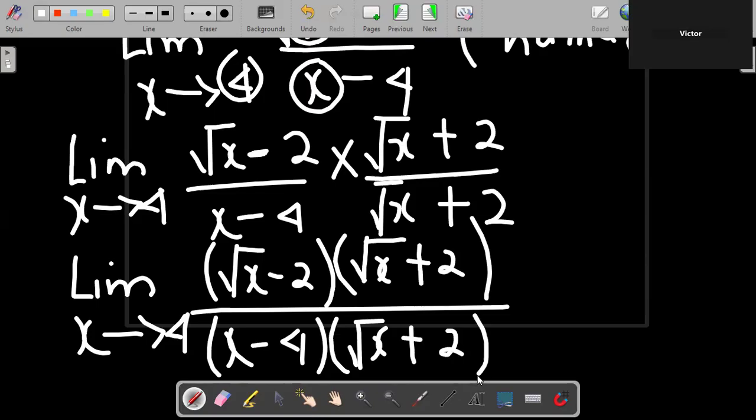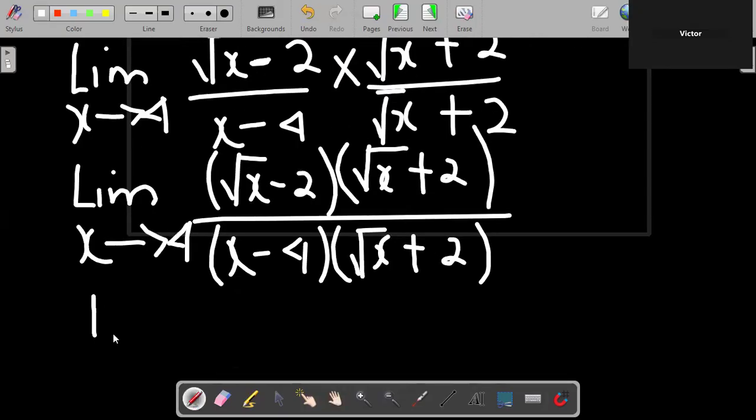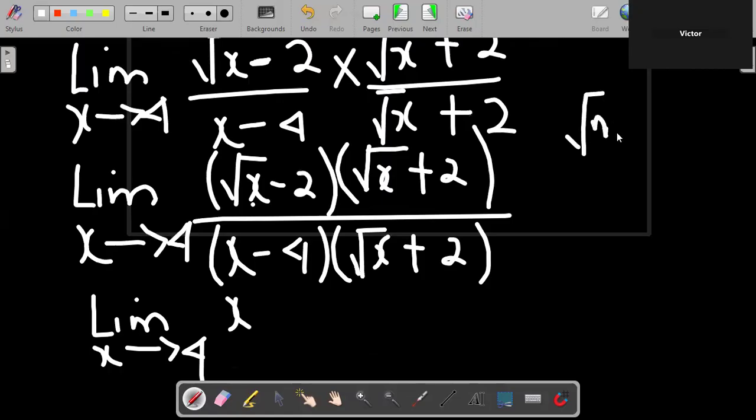So what I will do now, I will open the brackets and expand the numerator. Root x times root x will give us x. According to the law of surds, root m times root m is m. So root x and root x is x. Root x times root 2 gives me plus 2 root x.